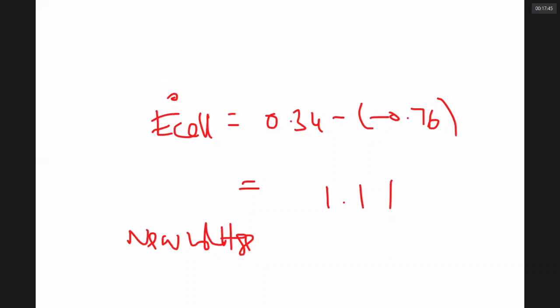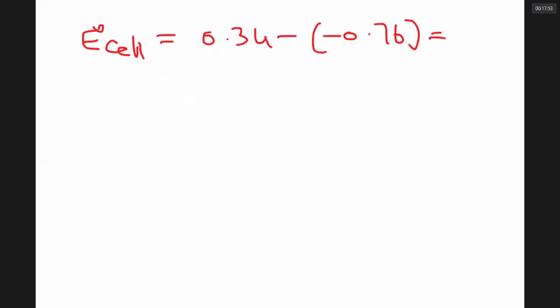Now I want to conclude: the standard cell potential of a Daniell cell is equal to 0.34 minus of minus 0.76, that is 1.1 volts. It is actually 1.10 volts. It will become 1.13 volts in this cell.